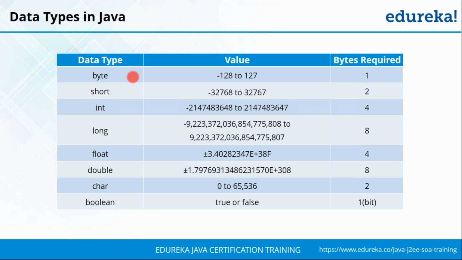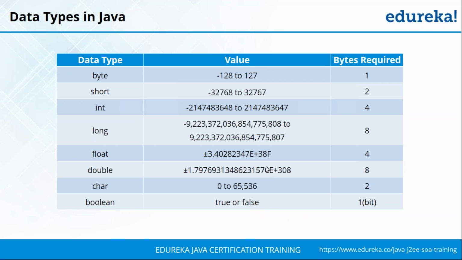Now int can be used to store a numerical value that is greater than short. Generally we make use of int rather than byte and short, and in case you want to store a large number, then only will you use the long variable. Here again the difference between float and double is the range of numerical value that it can store. Generally it's preferred that you use double because it gives you a more precise value.